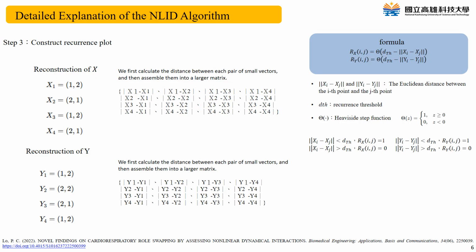If the distance is small enough, we assign a value of 1, which means the two states are recurrent. If not, we assign a value of 0. By doing this, we can transform the distance information into a recurrence matrix for each signal. This step helps us identify whether similar states reappear in the phase trajectory over time. In the next step, these recurrence matrices will be used to quantify the nonlinear interdependence.